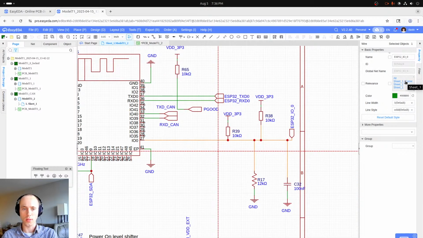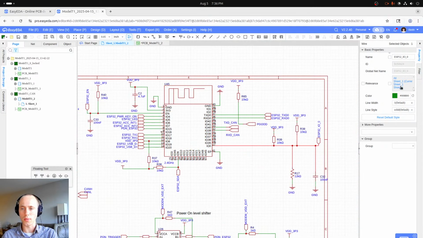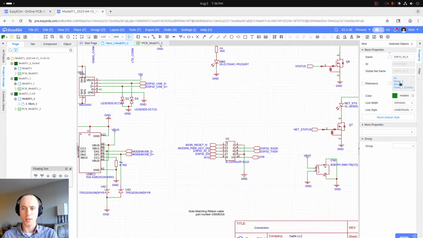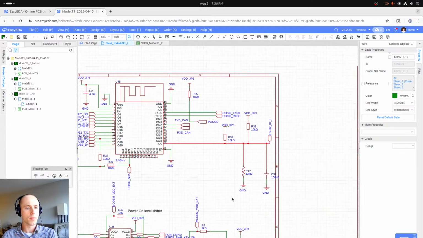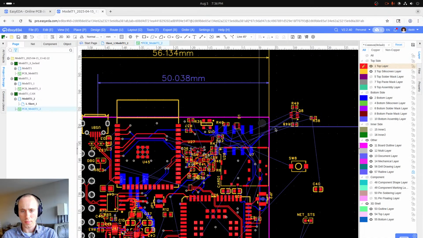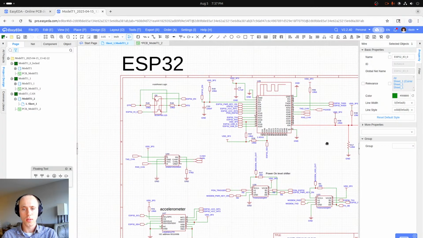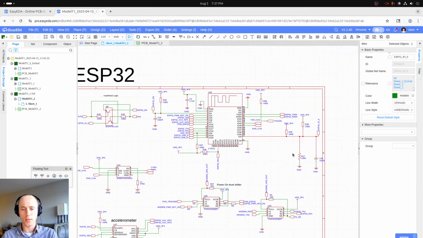Okay, this is going to the ESP32, as well as that connector. All right, so let's take a look. Which pin is it going to? 27. Also, it's going to want, okay.